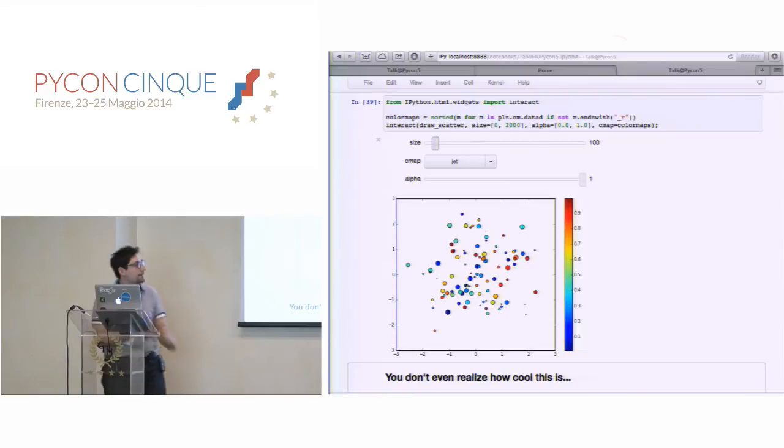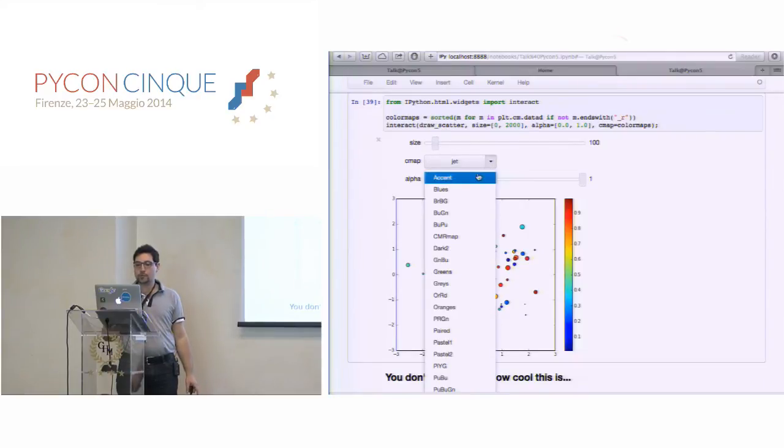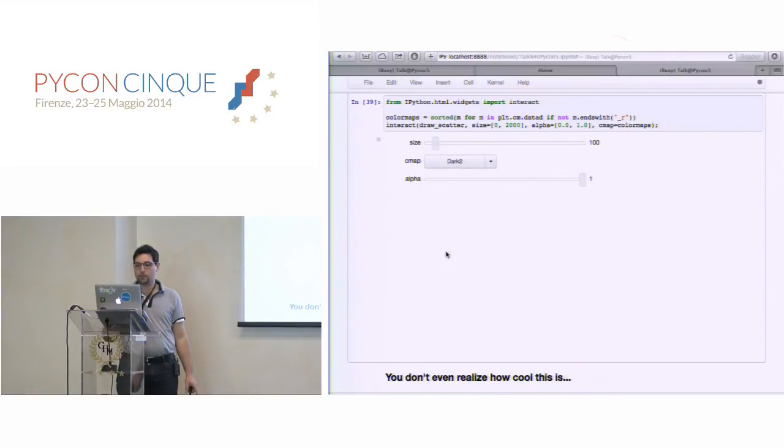Okay, we wrap the call to draw scatter in the interact. We set that the interact widget should have a size parameter, alpha values, and schema, so the different color maps we want to use. For instance, we want to try to change the color map. Yes, we do.